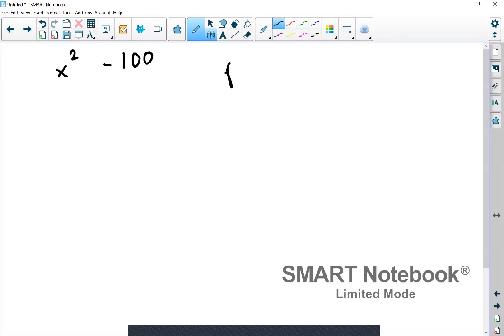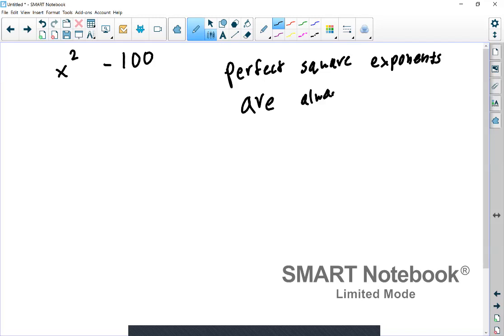Perfect square exponents are always even. So that means x squared, x to the fourth, x to the sixth, x to the eighth, and so on. Anything with an even exponent is a perfect square.